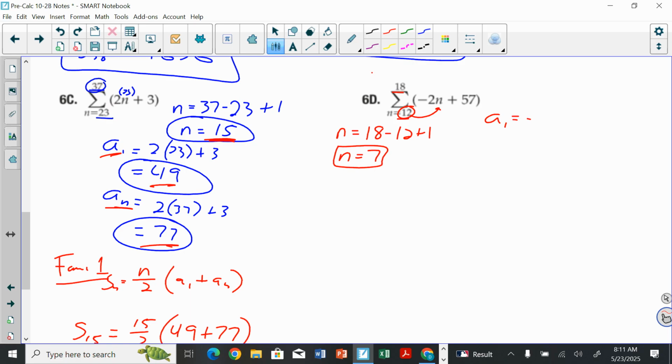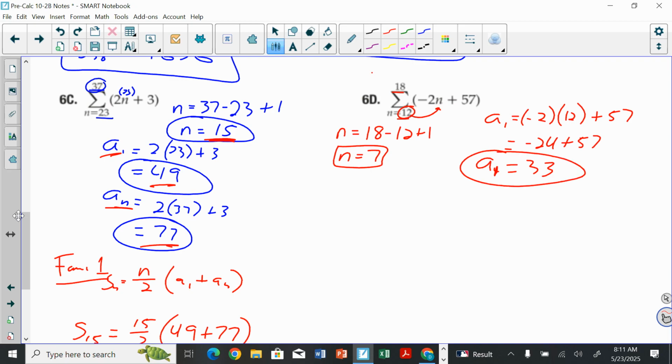Negative 2 times 12 plus 57 is going to give me negative 24 plus 57, so a1 is going to be 33. Okay, so good. And then a sub n is going to be this term here, 18. I plug in here negative 2 times 18 plus 57. So then a sub n is going to be 21.